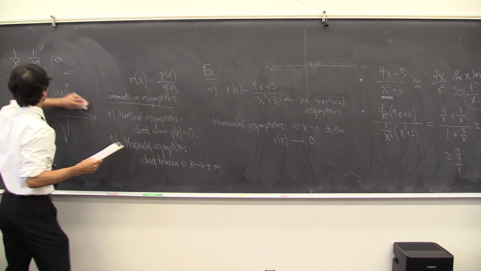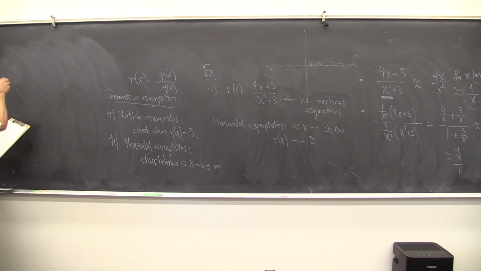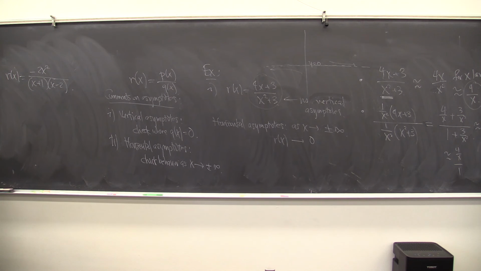Let me have you do one. R of x equals negative 2x squared over (x plus 1)(x minus 2). Okay, so tell me about the asymptotes.